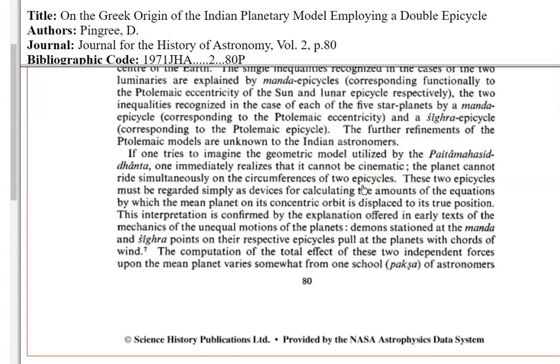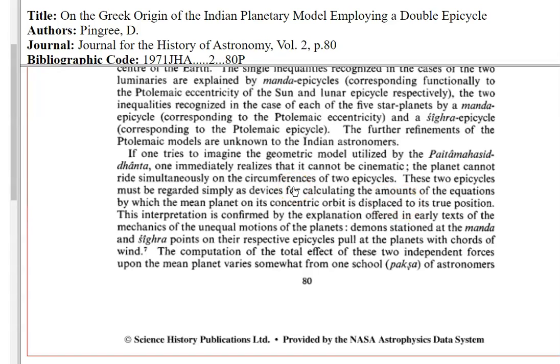So the two epicycles are there to compute the planetary motion. These two epicycles must be regarded simply as devices for calculating the amounts of the equations by which the mean planet on its concentric orbit is displaced to its true position.